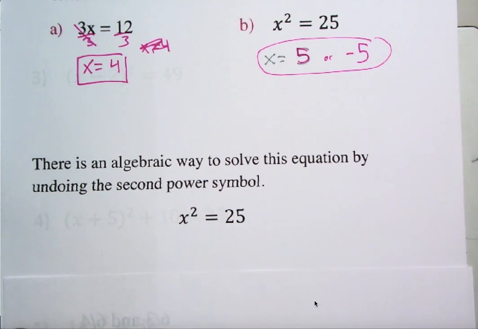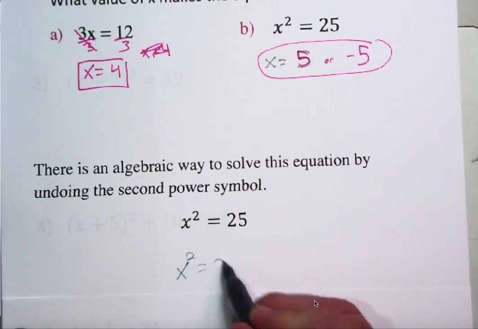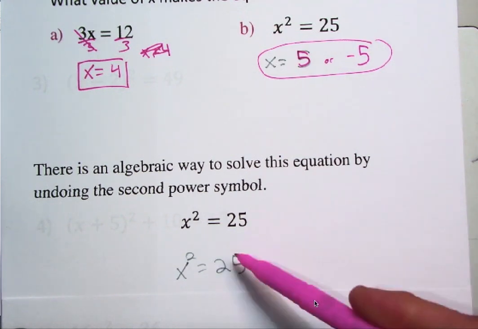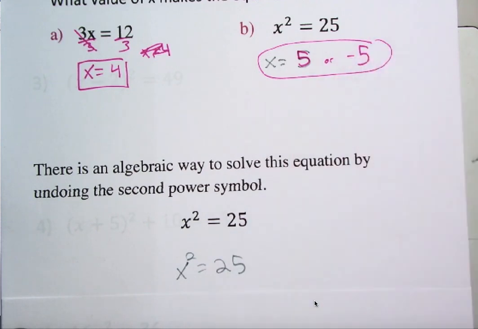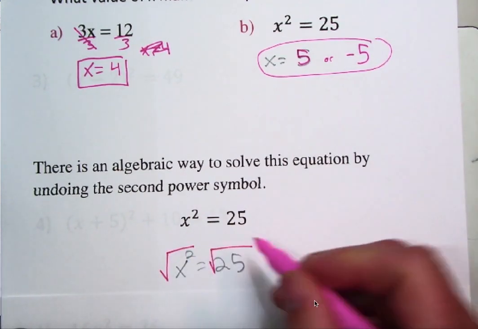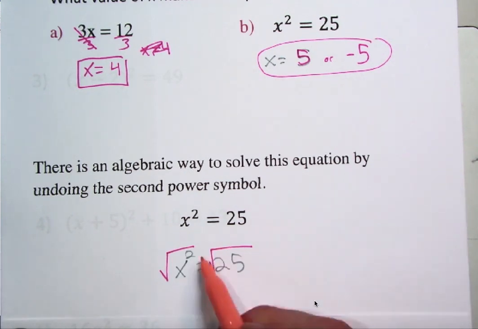And there is actually. So if I want to undo something squared, what would turn a 25 into a 5, right? So we're actually going to take the square root of both sides. A square root cancels out a square right here.